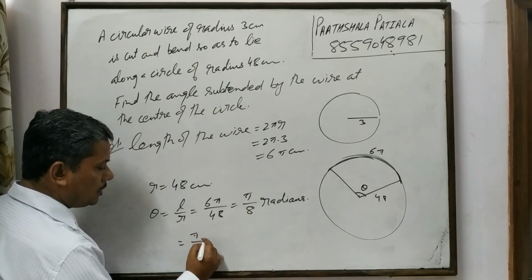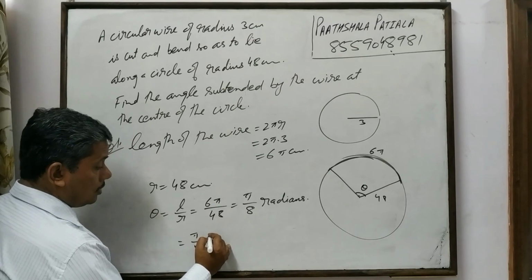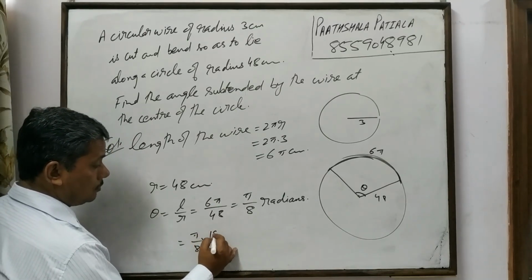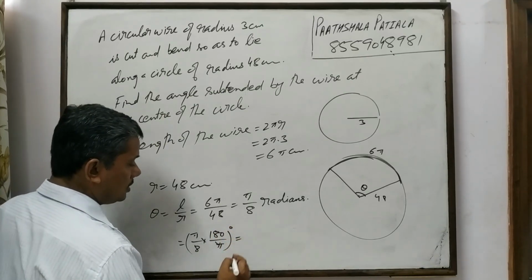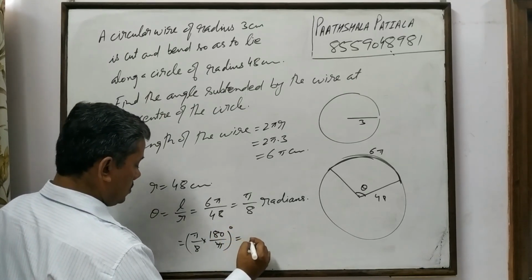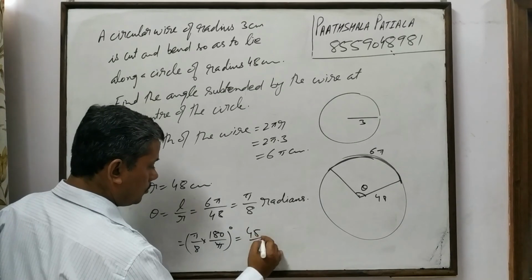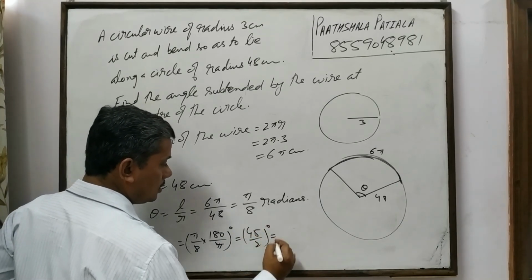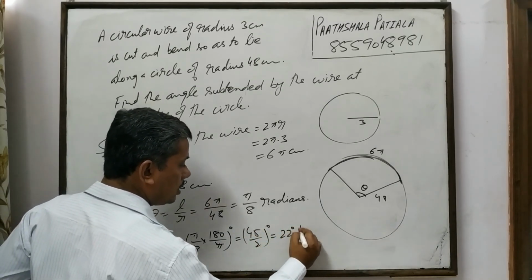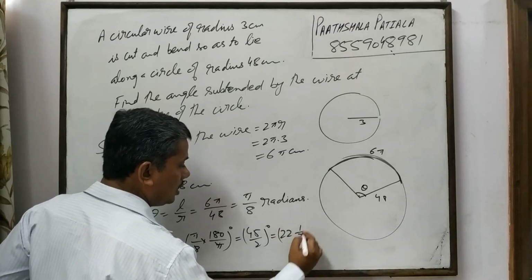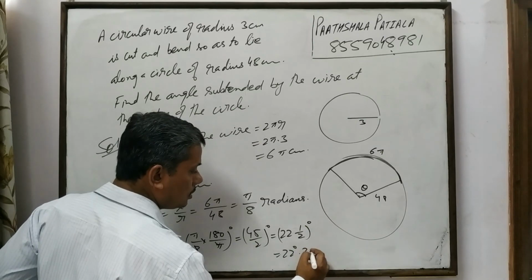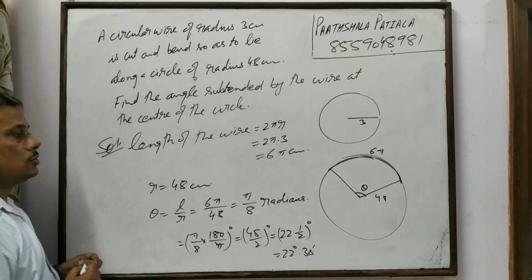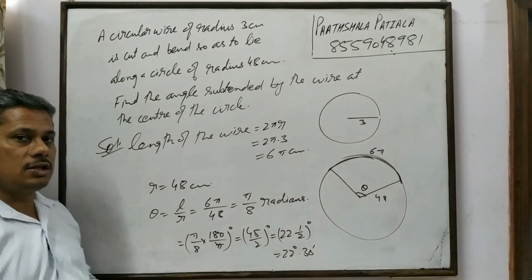Pi by 8 multiplied by 180 upon pi degrees will give you 45 by 2 degrees, that is 22 and a half degrees, that is 22 degrees, half into 60, 30 minutes. So the required angle is 22 degrees 30 minutes.